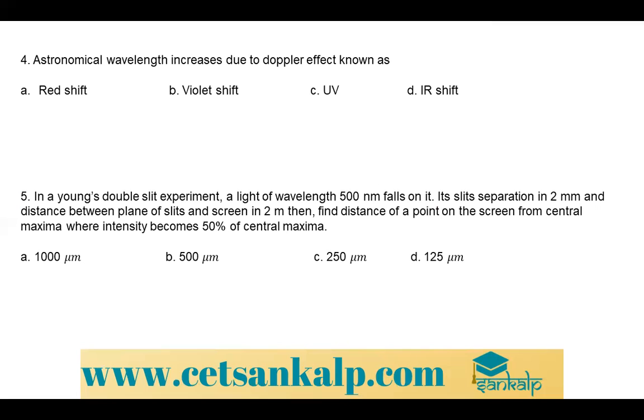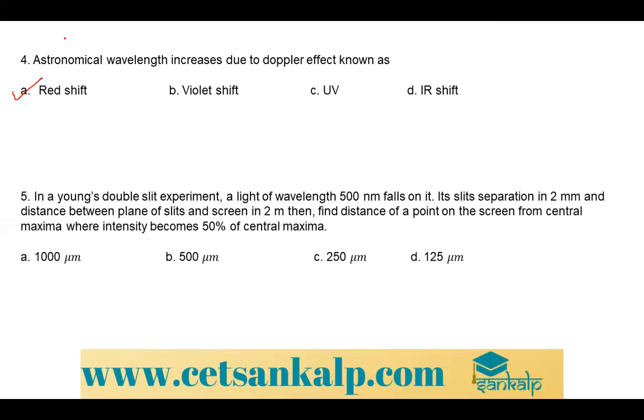In the spectrum you have violet to red. This kind of shift we are going to call red shift. So when the wavelength increases due to the Doppler effect, you will have a red shift. You have to remember those conditions.